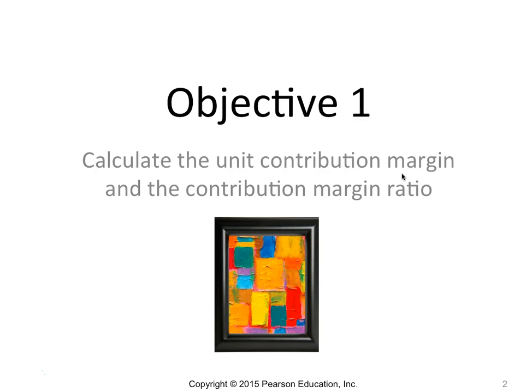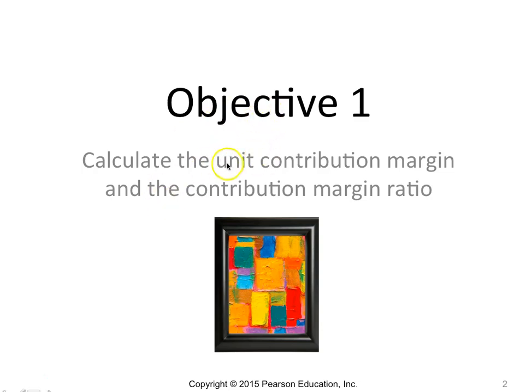There are two concepts here: contribution margin and unit contribution margin. Contribution margin is revenue minus the variable costs. If we take the fixed cost away from the contribution margin, that's the operating income.